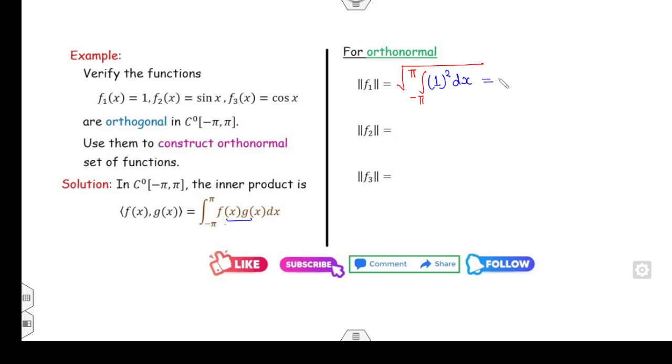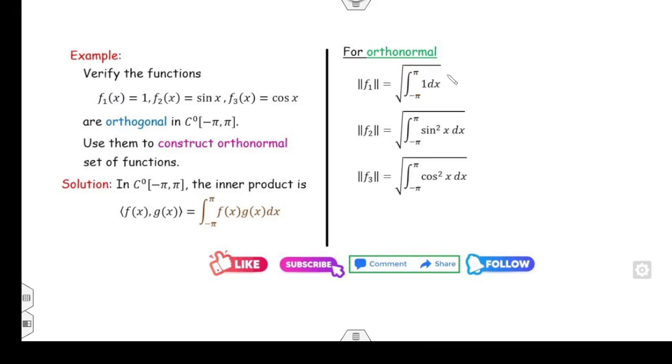So can you find the integration? That will be 1, so it will be 2 pi. Similarly, for f2, it is the integration from minus pi to pi of f2 squared, that is sin squared x. For f3 it will be cos squared x. The answer of the first part is the integral of 1, which is x from minus pi to plus pi, that is 2 pi.